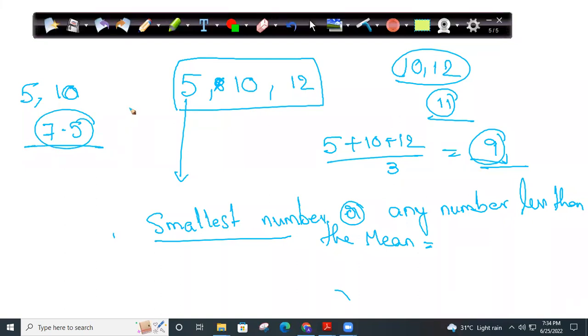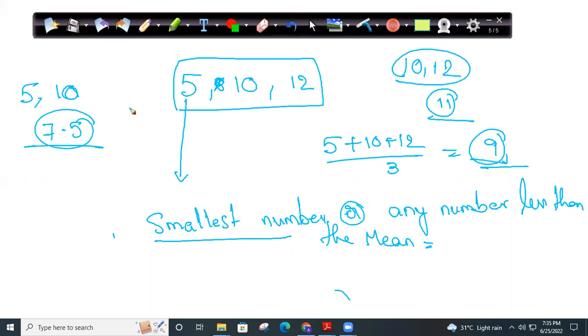So two concepts we have learned. From the given set, if I remove a number which is less than the mean, the new mean will increase. From the given set, if I remove a number greater than the mean, the mean will decrease. Most important points, please do keep in your brain.